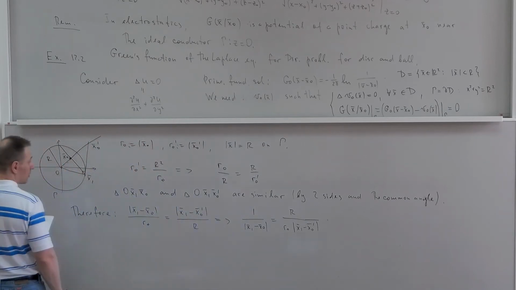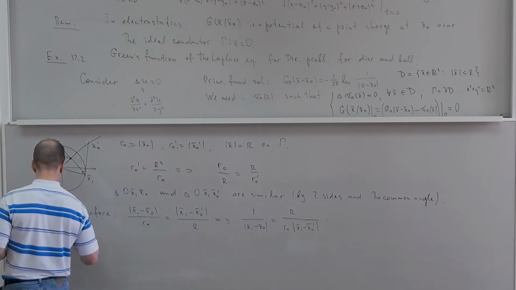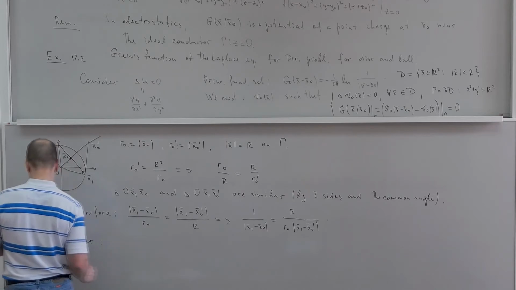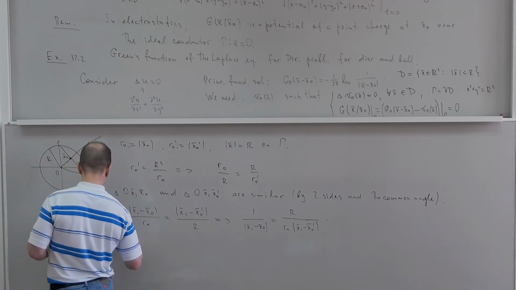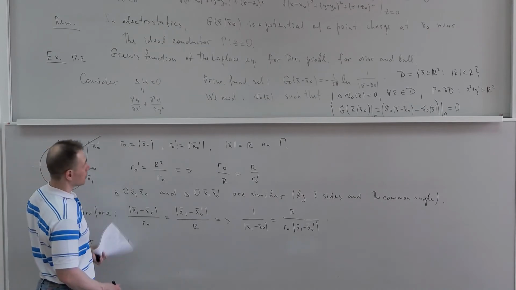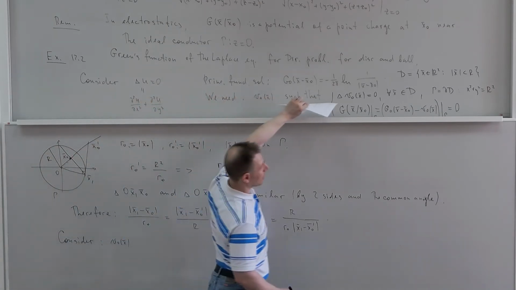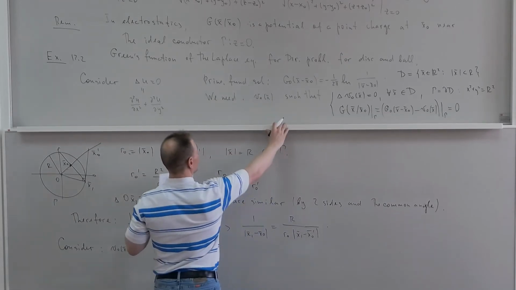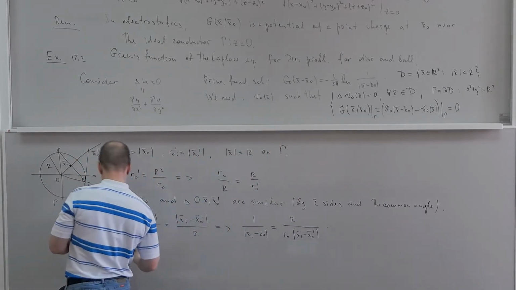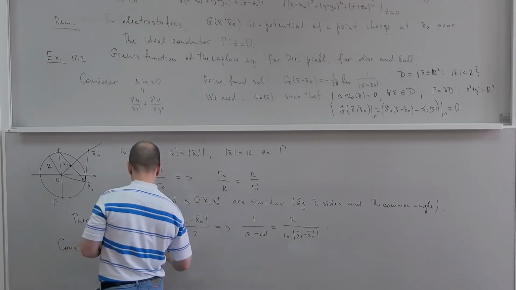Now consider the following function V0, and in fact we will have to prove that this function satisfies these requirements written here. So this function is given by the following expression.